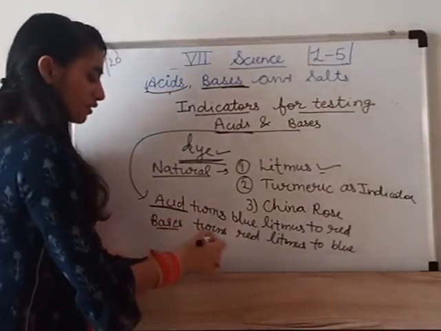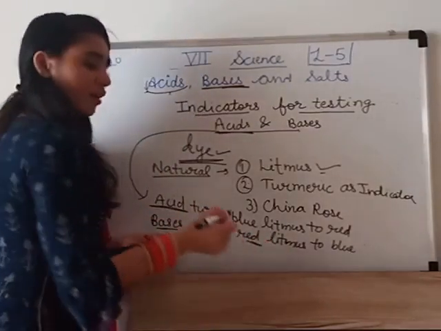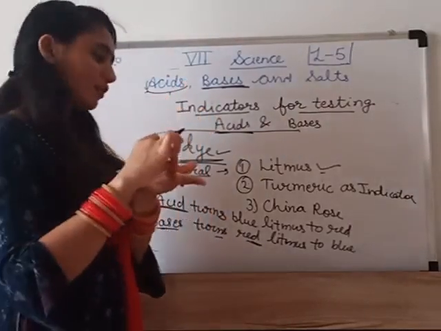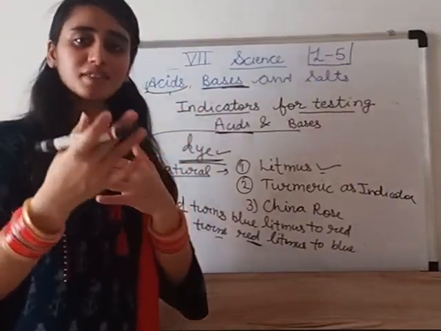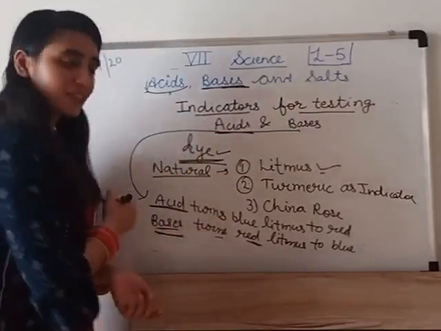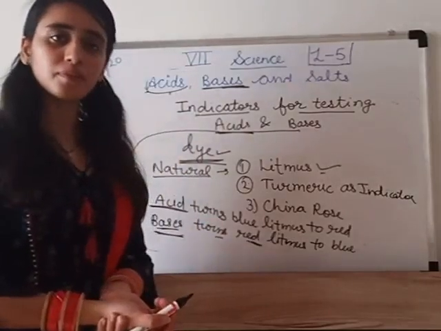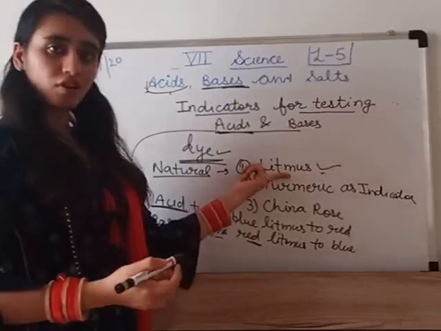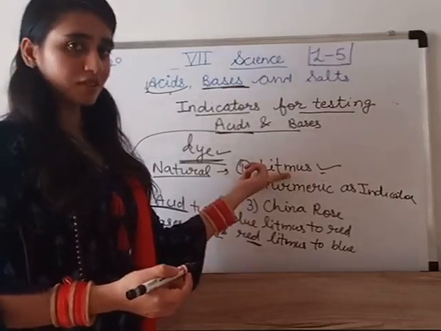And bases turn red litmus paper blue. If some solution is kept on red litmus paper and it changes its color into blue, that means that solution is basic in nature. In the next lecture we'll continue with litmus in detail.